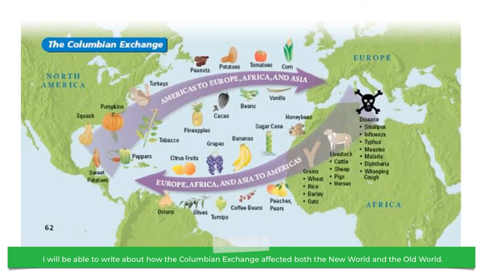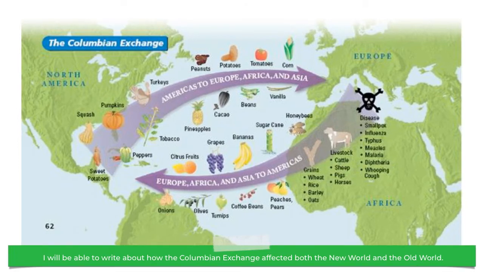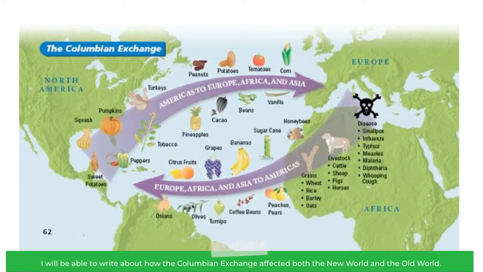Okay, here is a little map of some of the items that were exchanged. If you look at this map, for example, before Columbus came to the Americas, there were no pumpkins in Europe. This map is showing that pumpkins came over from the New World to Europe after the Columbian Exchange.